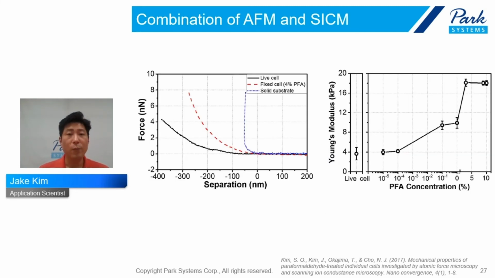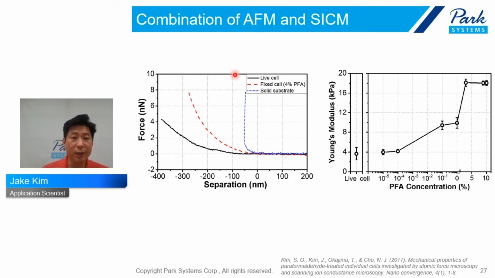To investigate the effect of PFA treatment on cell surface stiffness, force spectroscopy was first performed on live and fixed cells, in this case PFA-treated cells. The left figure shows the typical FD curve for live cells, fixed cells, and a solid substrate, in this case a Petri dish.